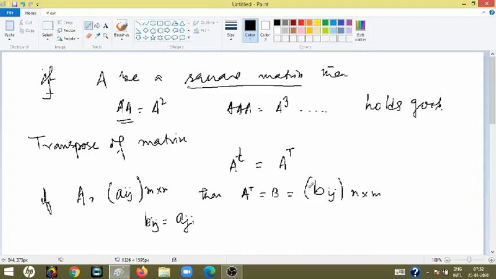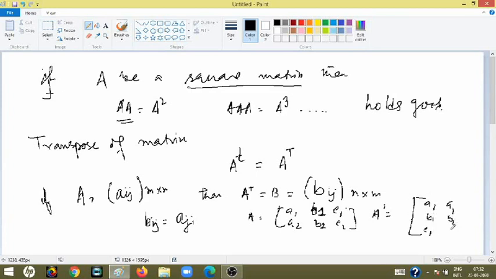If we take an example, A equal to [A1 B1 C1; A2 B2 C2], then AT equal to [A1 A2; B1 B2; C1 C2].